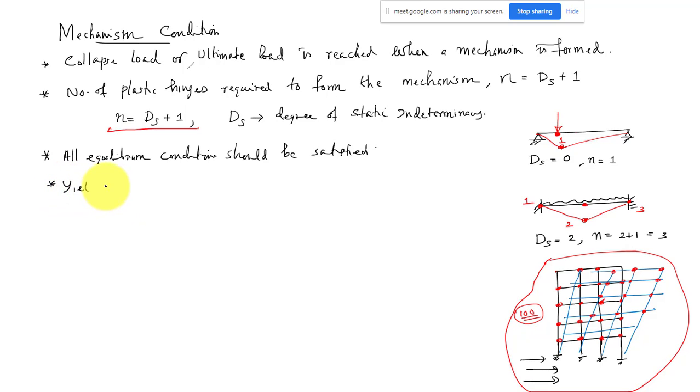This is just repeating whatever we have discussed; I am just writing everything here. The yield condition indicates that the bending moment at any section, in one simple line, is less than or equal to MP.